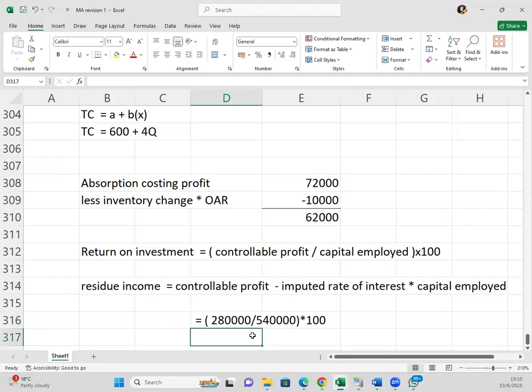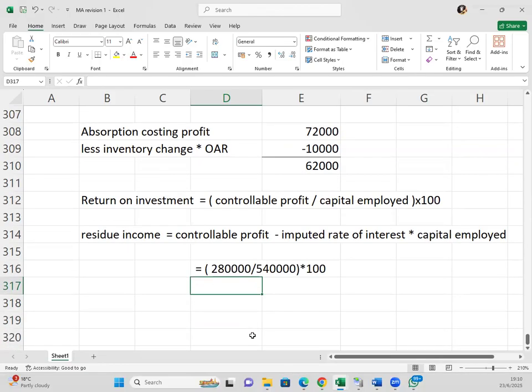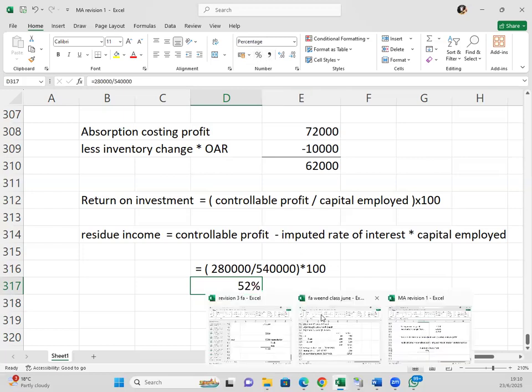We express that as a percentage. That's 52%.